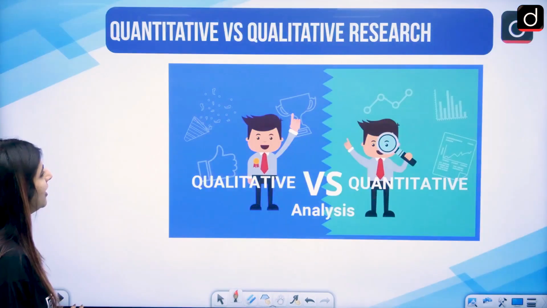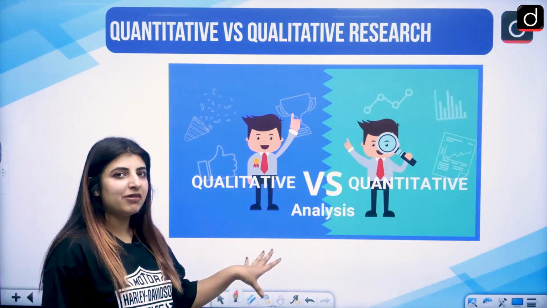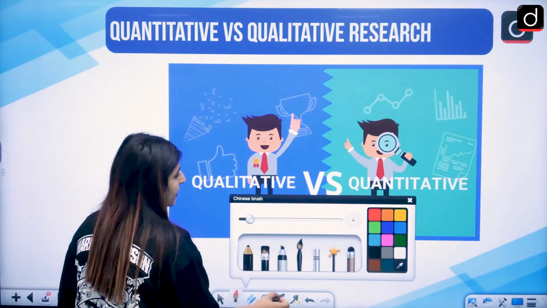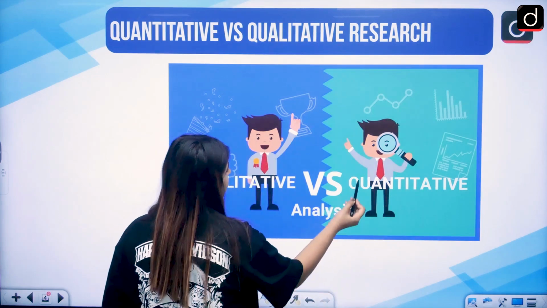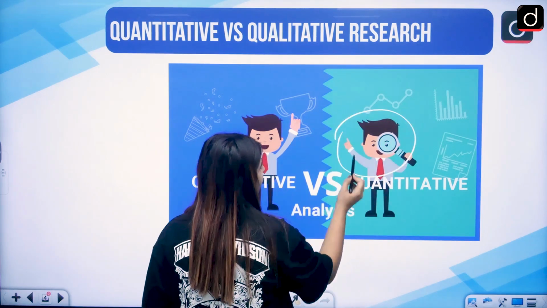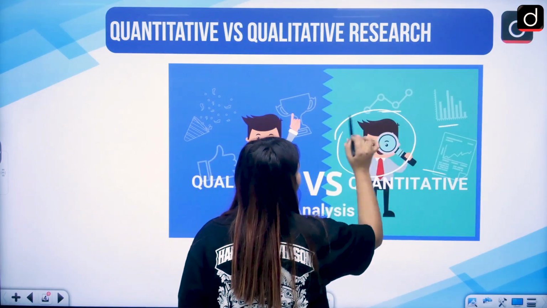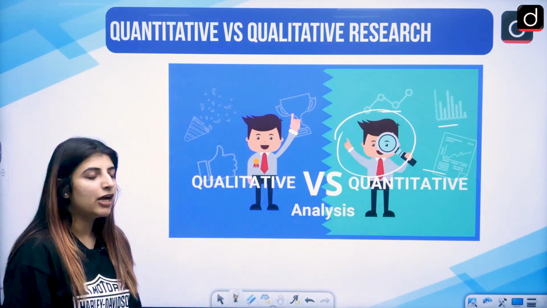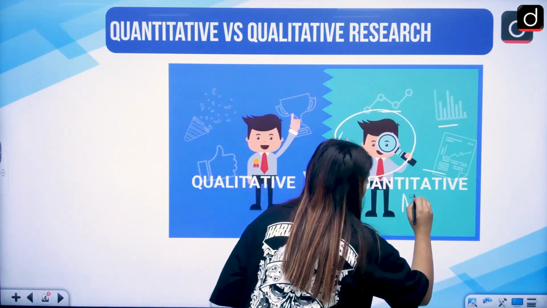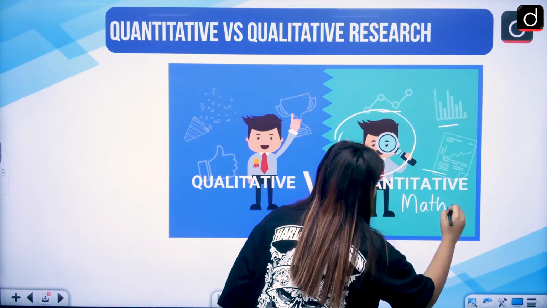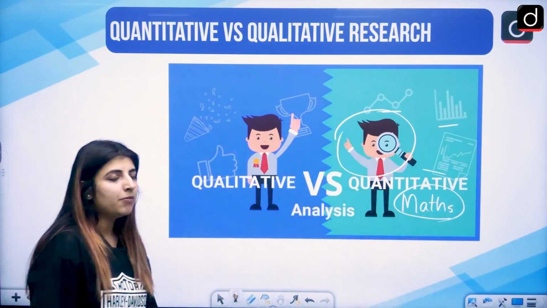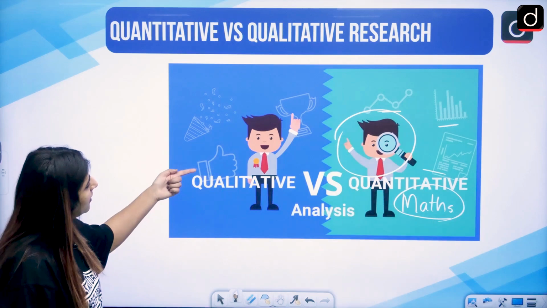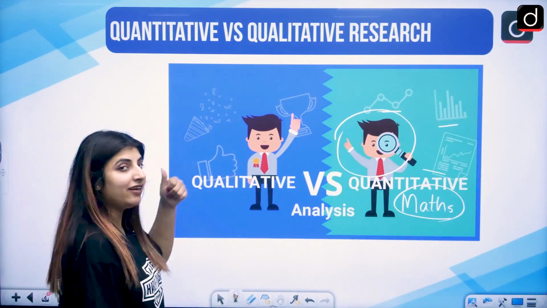Right? First, look at this image right now. This image is showing us that this person is curious, right? And doing certain things, measuring certain things through the mathematical or scientific stance. But here, he is more concerned with something like liking, right?